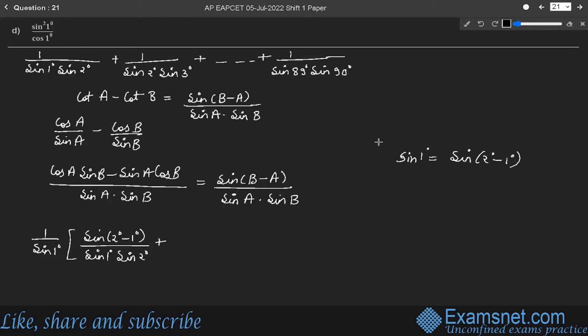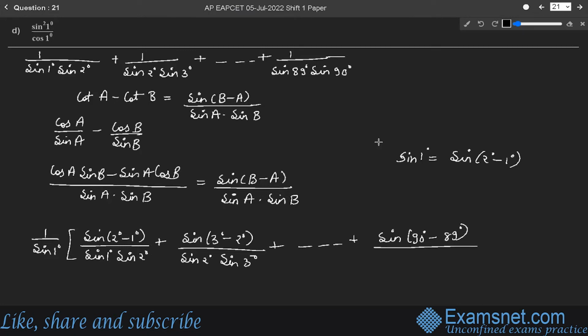Here also we have to multiply by sin 1 degree, so sin 1 degree will be written as sin(3 degree minus 2 degree) divided by sin 2 degree into sin 3 degree. I hope the concept is clear to you. Similarly, the last term will be sin(90 degree minus 89 degree) divided by sin 89 degree into sin 90 degree.